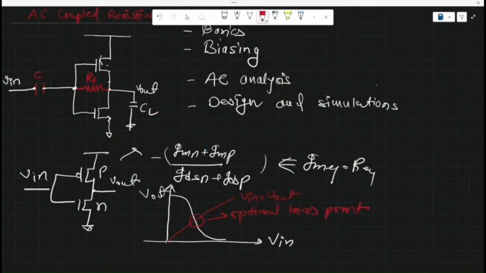What do we mean by optimal biasing point? It means that the gain in this stage is maximum. If we take dV out over dV in, we'll find that the slope is maximum over here, right? So if we want high gain from this circuit, we need to make sure that V input equals V output.